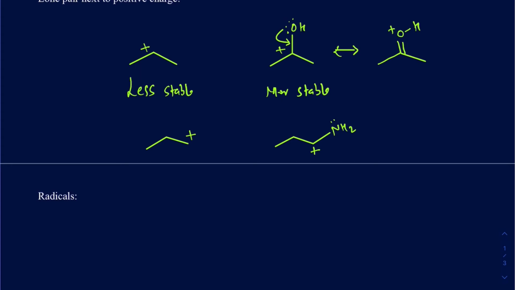Since they both seem to be primary, but this second one has the nitrogen right next to it, the lone pair can resonate in there to make another resonance structure, and since you can distribute that positive charge, that would make it more stable. So this one is going to be more stable.